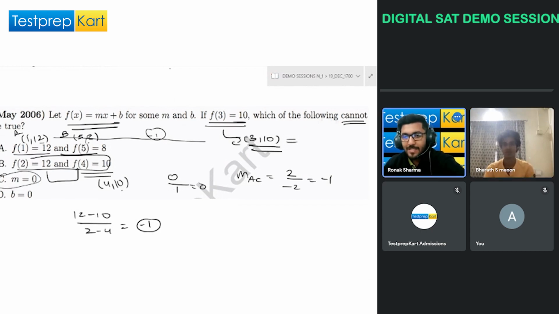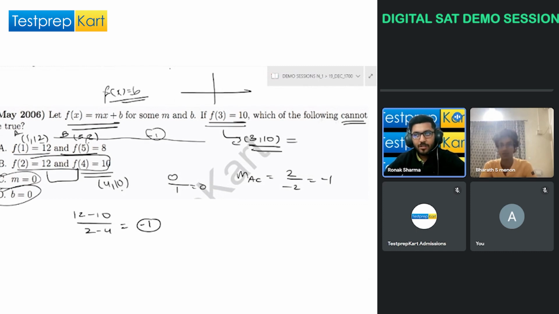Now, why C and D? Because, very simple, a function only rejects those conditions which make it undefined. I hope you have some idea of function domain. Domain is all about the values of x. So if I make m as 0, f of x will be b. This will be a horizontal straight line, because y equal to constant is always a horizontal line.